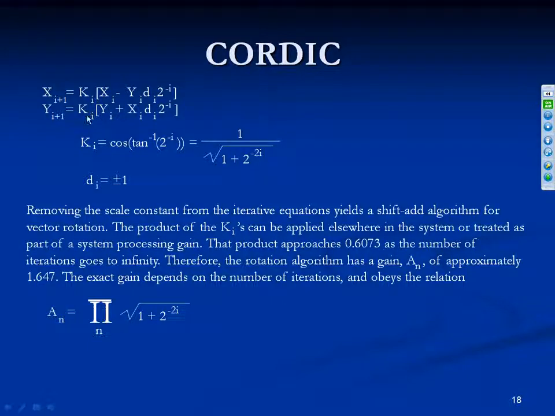And this is due to pulling these k's out of this term so that we don't have to do a multiply during each iteration. Collectively, you get this overall gain A sub n, which is the product of the terms from each iteration. So the exact gain depends on the number of iterations and obeys this relationship.